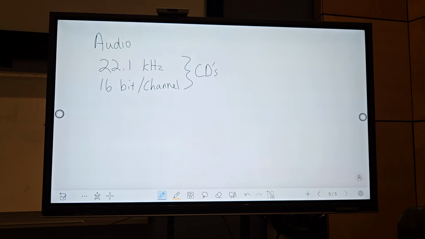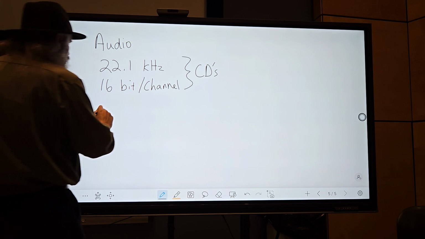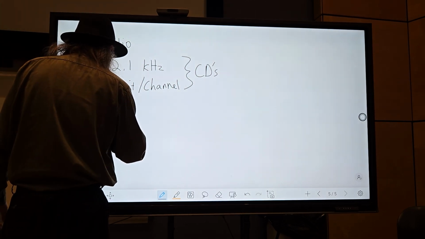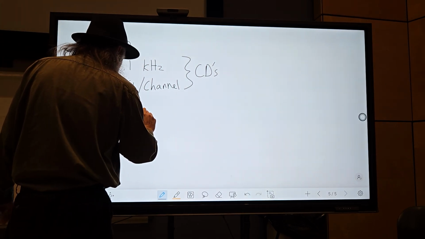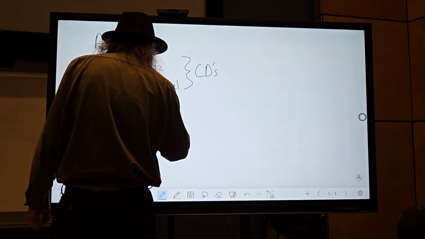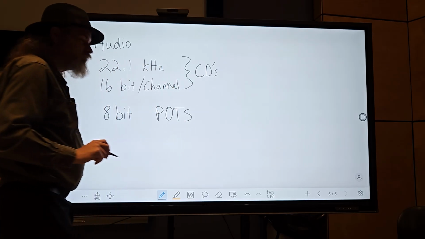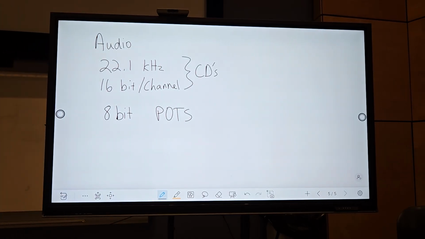I don't remember the sample rate, but old style telephone, what they call POTS, is 8-bit sound. POTS, which is plain old telephone system.